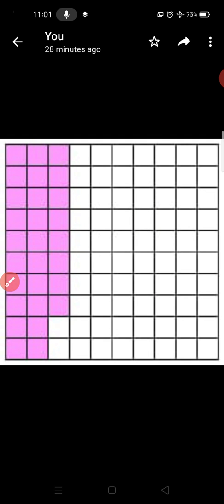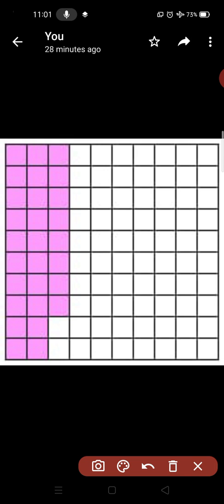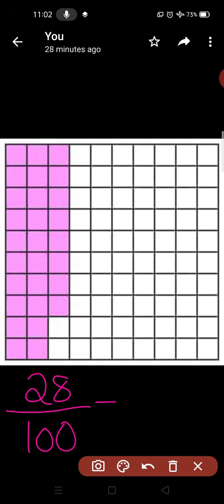Here the total square is again divided into 100 equal parts. How many are shaded here? 28. So it can be written as 28 by 100 or else 0.28. Here in the denominator there are 2 zeros, and in the numerator we have 2 digits.